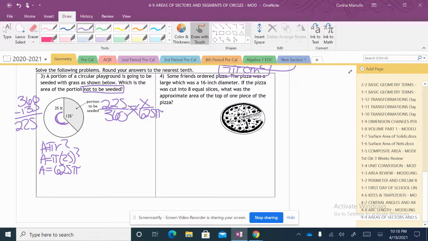You cross multiply, so 225 times 625 gives me 140,625 pi equals 360x. We divide both sides by 360, and that gives us 1,227.2. Our units are feet squared.